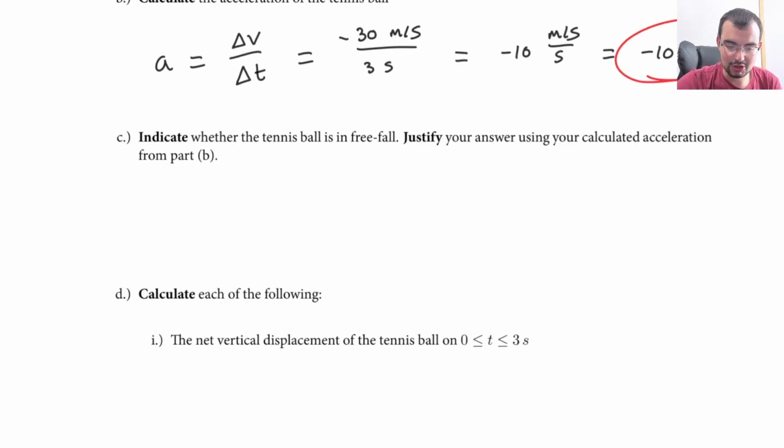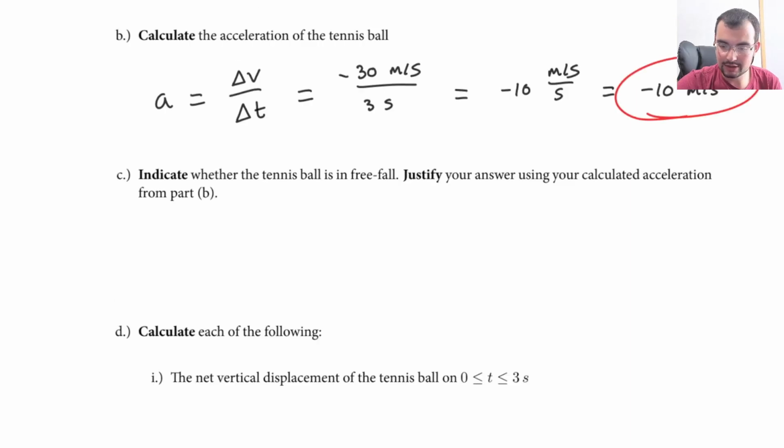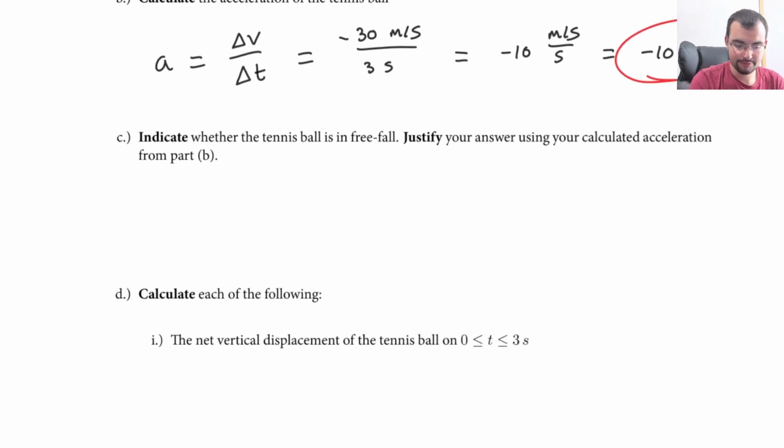Indicate whether the tennis ball is in free fall. Justify using the calculated acceleration. Well, we said upwards is positive, so the acceleration is negative 10 meters per second squared, down, which is exactly equal to g.